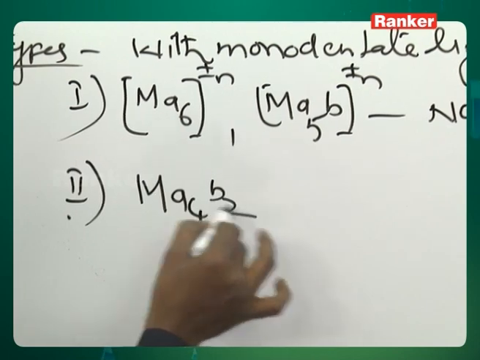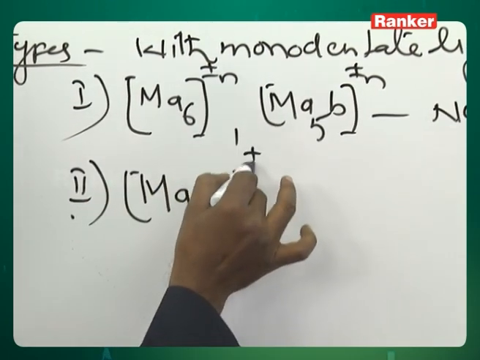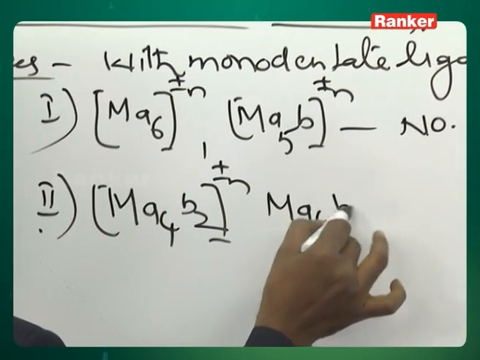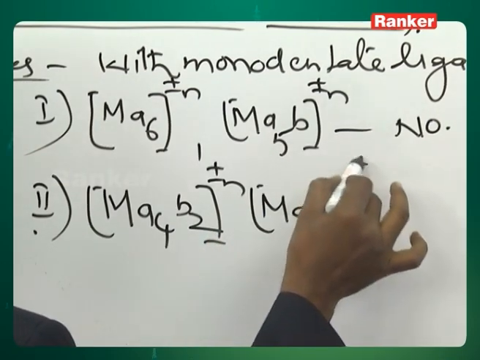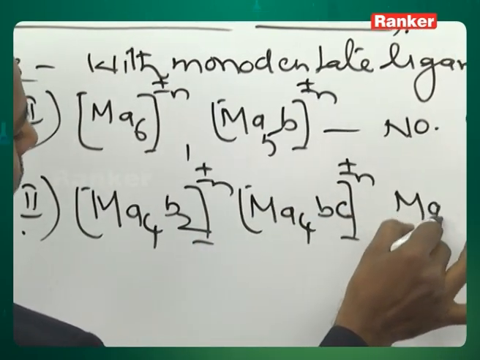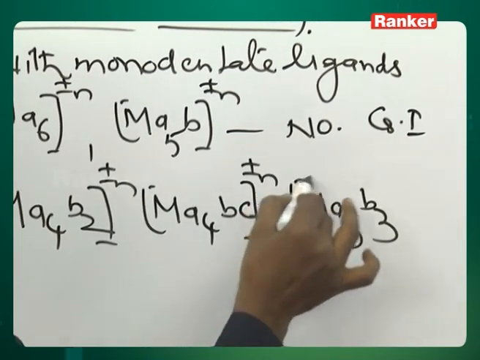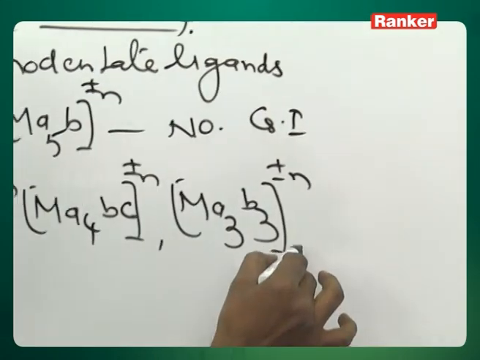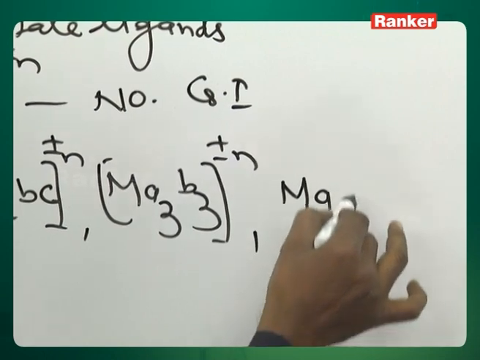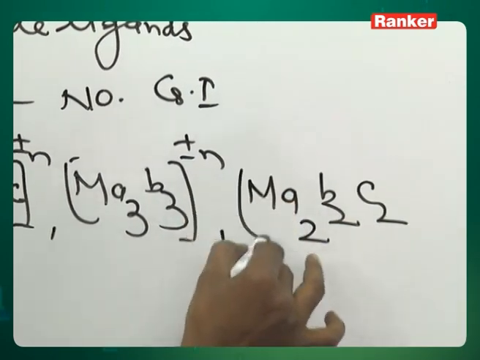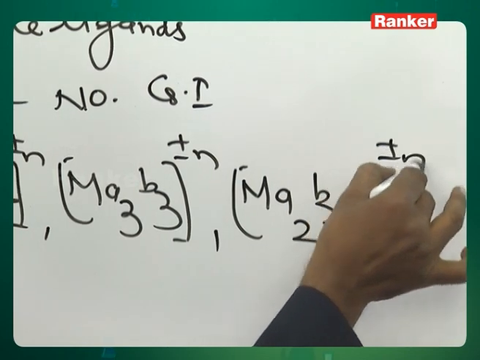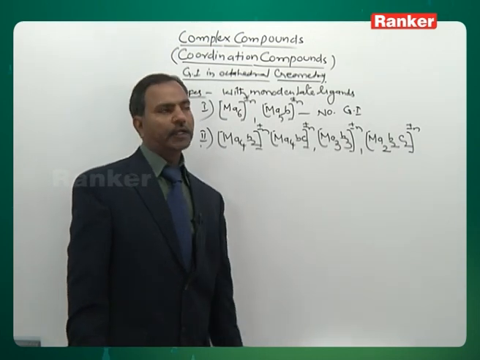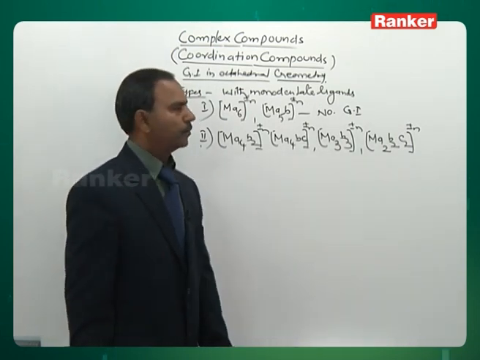MA4B2 plus or minus n, MA4BC plus or minus n, MA3B3 plus or minus n, MA2B2C2 plus or minus n.